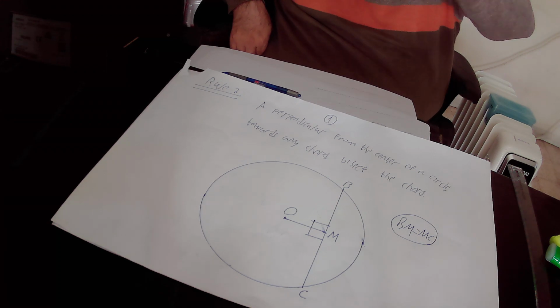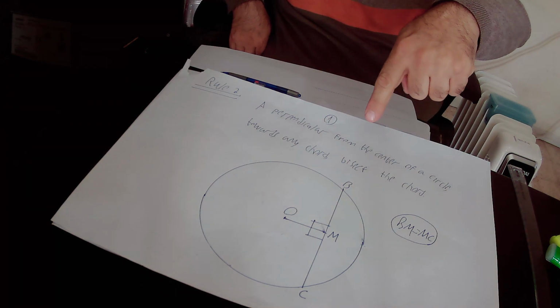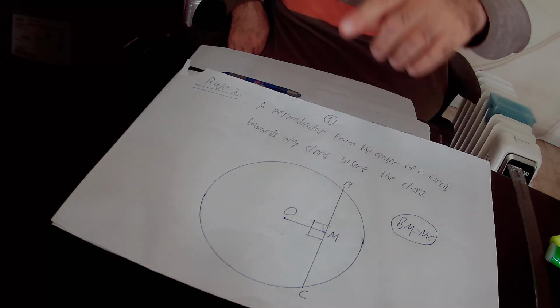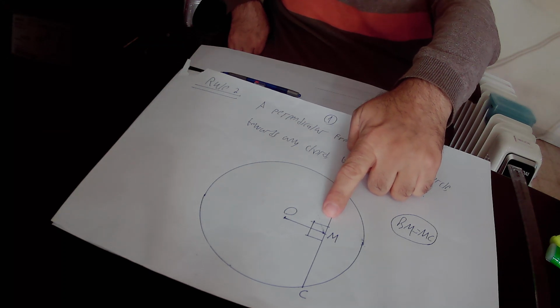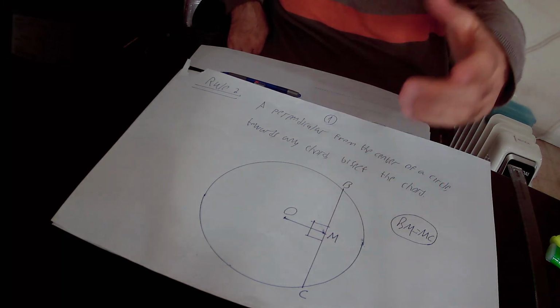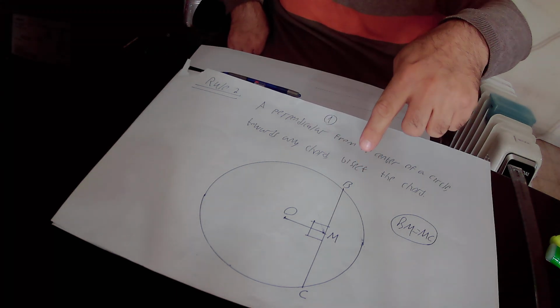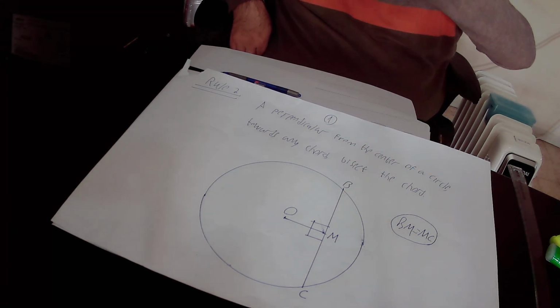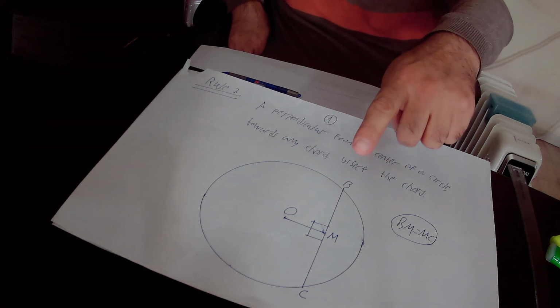If you draw a perpendicular from point O towards chord BC, here this angle equals 90 degrees and this angle equals 90 degrees according to our construction. We will define the touching point of the perpendicular from point O and BC as M. According to rule number 2, the perpendicular OM bisects chord BC.